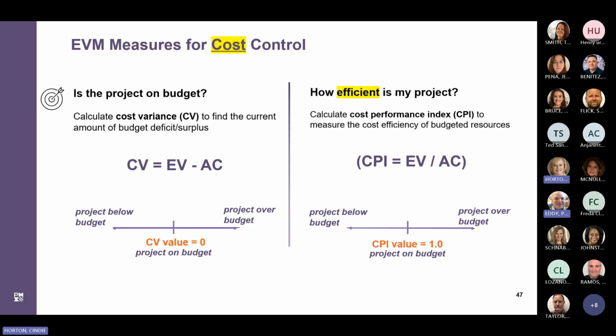They're exactly the same, except that the EVM measures for schedule control evaluate earned value in relation to planned value, whereas the EVM measures for cost control evaluate earned value in relation to actual costs. So the net of it is that EV is used in both calculations, for schedule control and for cost control. You've got to know what your earned value is.